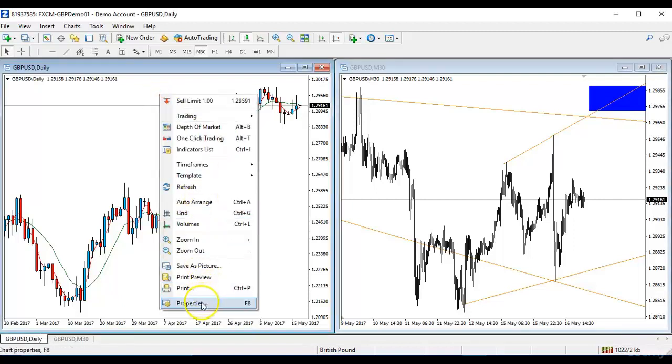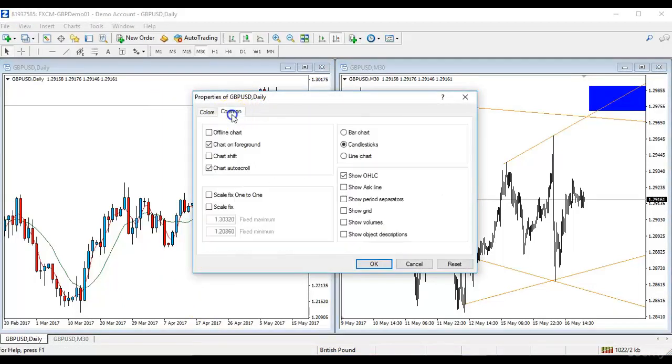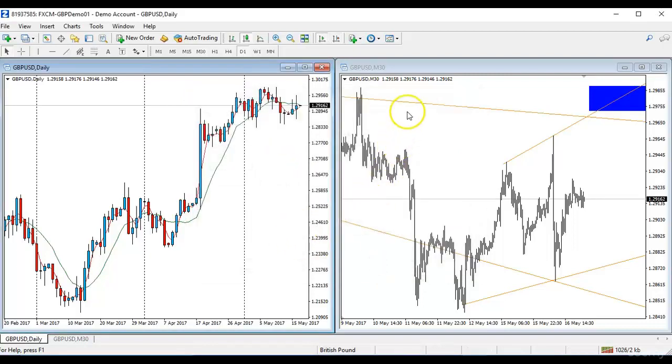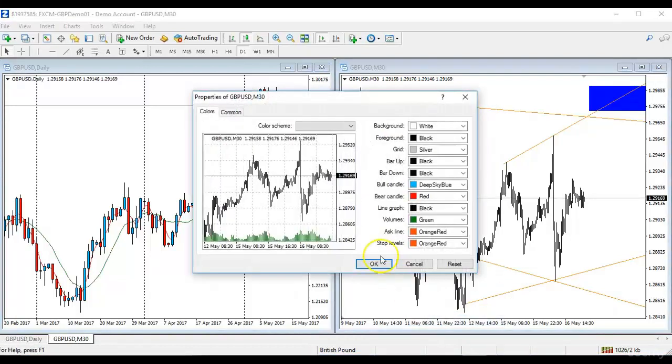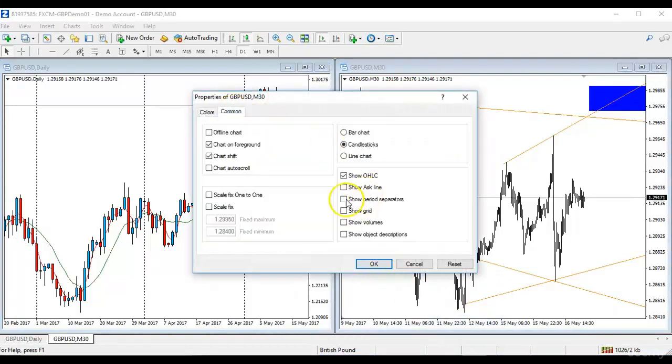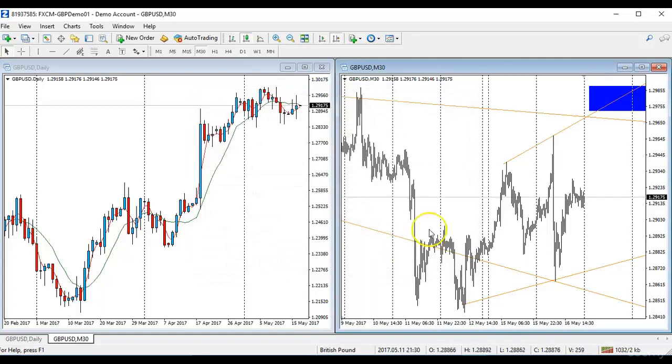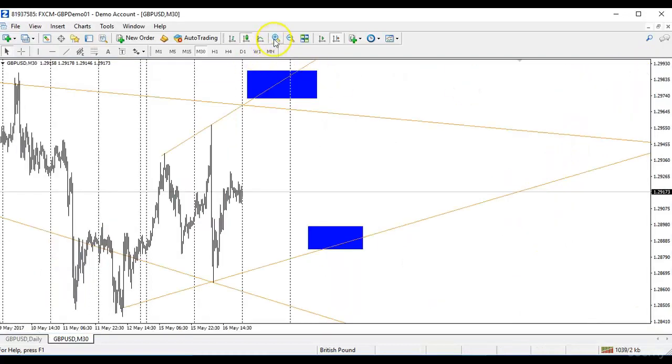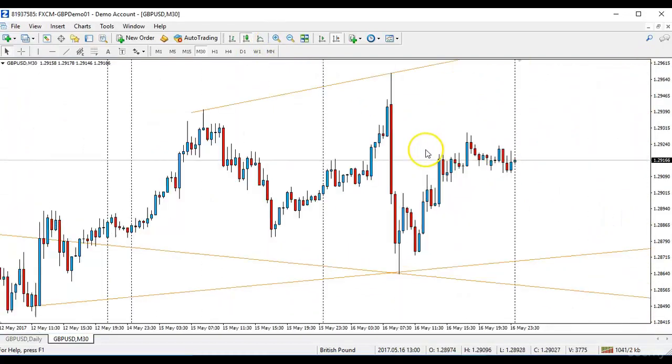If I go to properties and put the period separators in, and do the same for the 30-minute chart, the 30-minute chart's separators each show a period of 1 day.